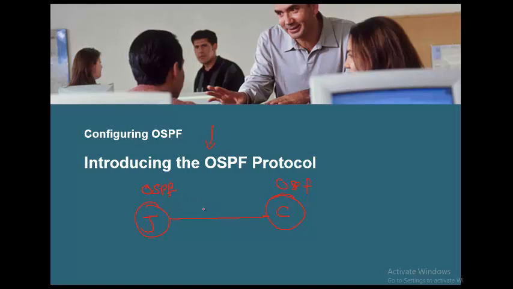If the area ID is the same in both Juniper and Cisco, and if the subnet is the same on both, they're going to form a neighbor regardless of the vendor. Open to form a neighbor.